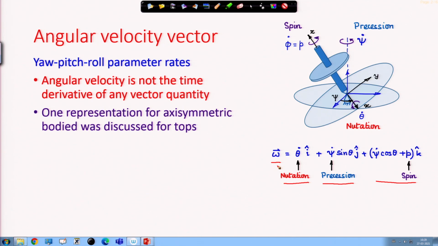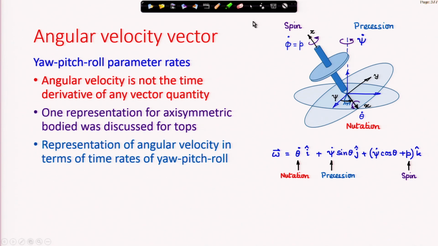Therefore, we had earlier represented angular velocity in terms of the rates of these parameters theta, psi and phi dot, where phi dot was constant, equal to p. So, the orientation parameters were psi, theta, phi and their rates were psi dot, theta dot, phi dot, and we had represented angular velocity in terms of these rates.